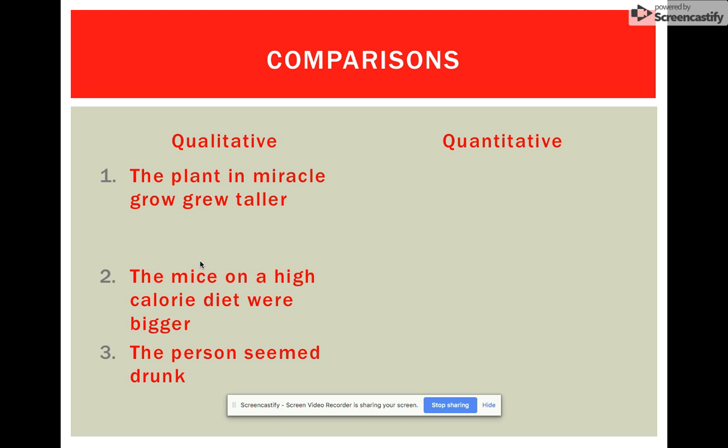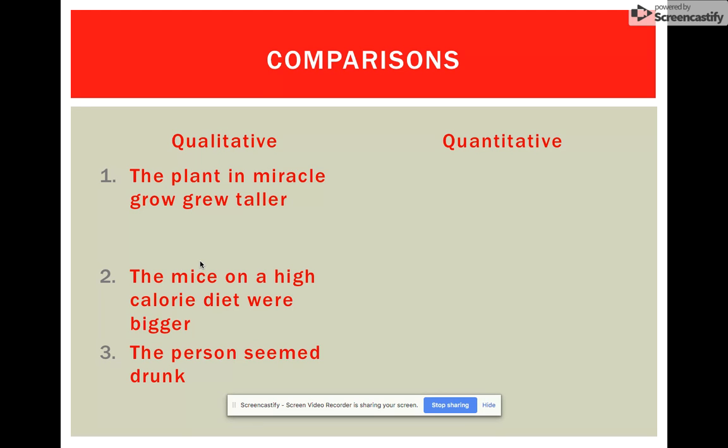So, just so you can understand the difference here, let's play a bit of a game. I have a qualitative statement on the left, and I want to transform it into a quantitative statement on the right. So, for example, if we have an experiment where we grow a plant in Miracle Grow and we grow the same plant in different soil, we can observe that the plant in Miracle Grow grew taller.